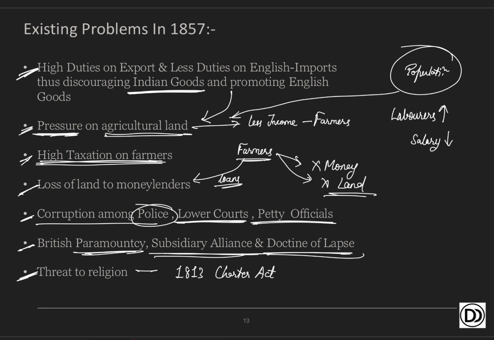They were asked to impart secular ideas or Christian ideas into the minds of Indians through education and missionary activities. So they were using missions and education. And this was perceived as a threat to the Indian Muslims and Hindus, and specifically their religions.